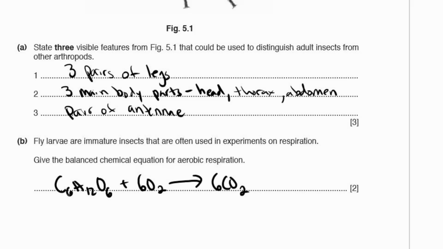Because we have 6 carbons in the glucose, we need 6 carbons in the carbon dioxide. Plus 6H2O, because if you count up all the other hydrogens and oxygens on the reactant side, you'll need 6H2O to balance everything else out. You could also say plus energy, but energy isn't an actual chemical. It's just a thing. But if you said plus energy, that's okay.